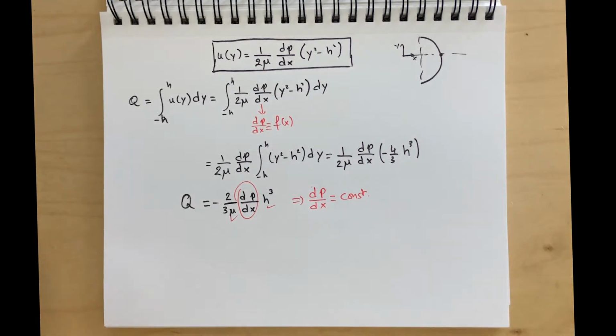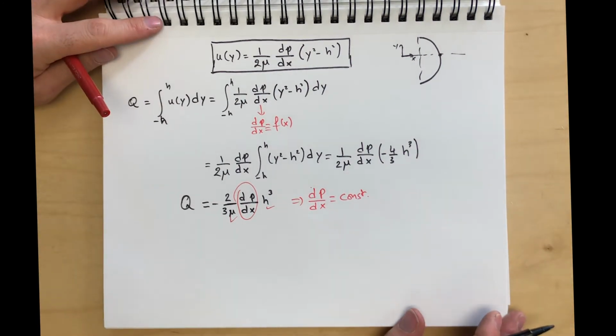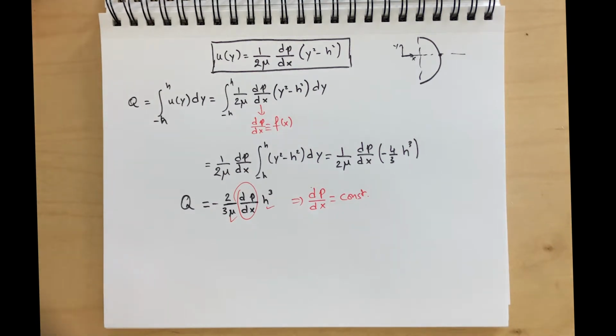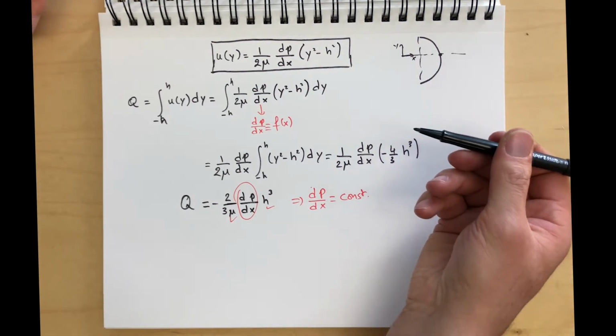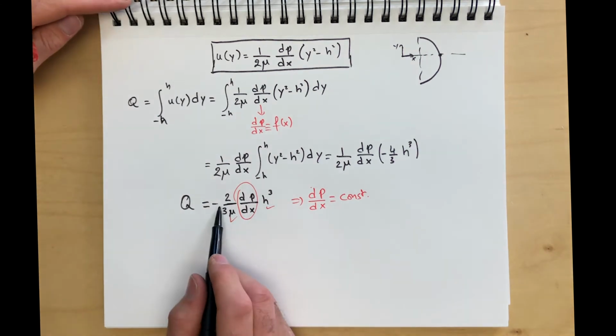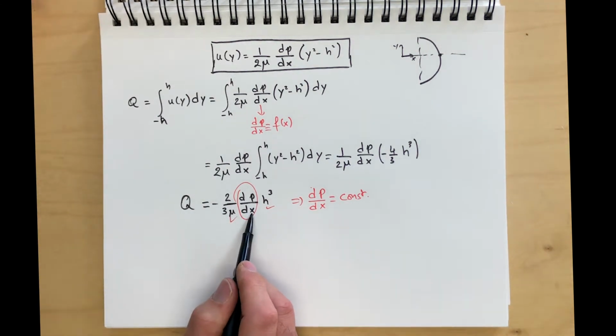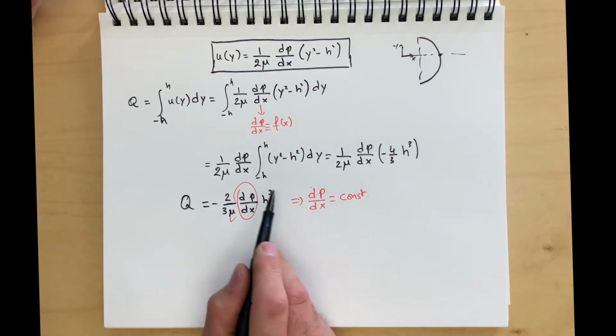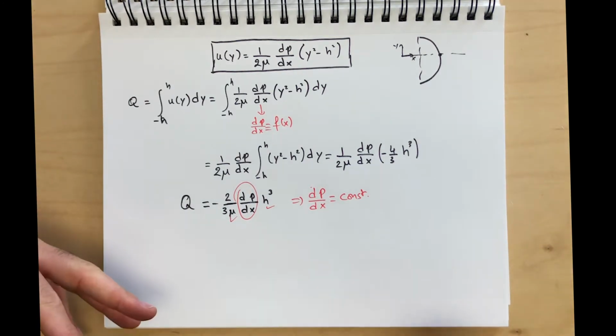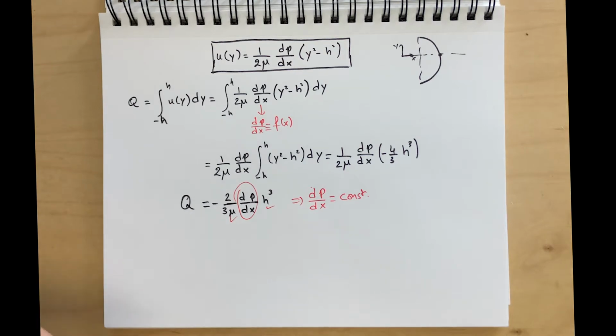Now in practice, you are setting a pressure at the inlet, and the flow is probably exiting to atmospheric pressure, so the pressure gradient is negative, hence the negative sign over here for a positive flow rate, because dp by dx is a negative quantity. So this gives you a positive flow rate. That's what's driving the flow.